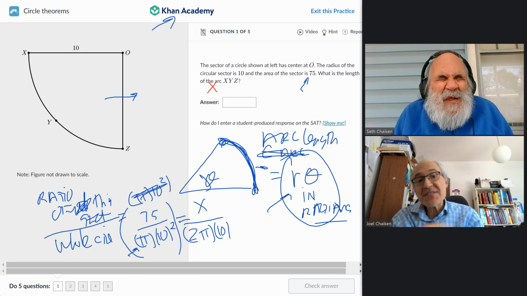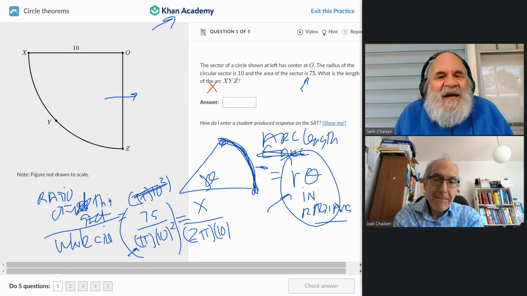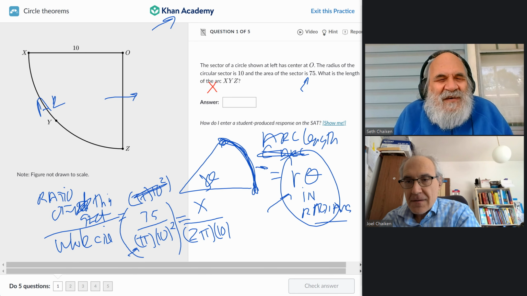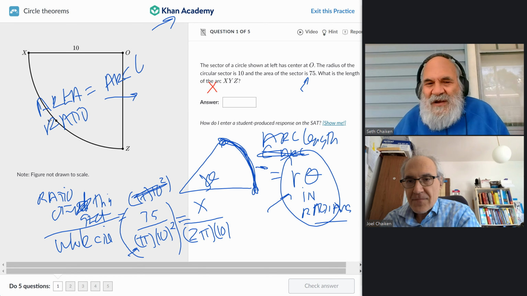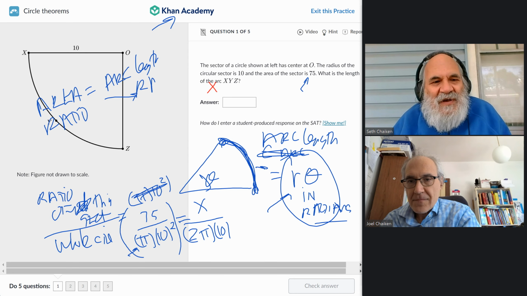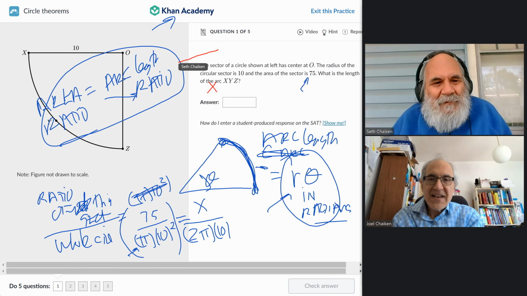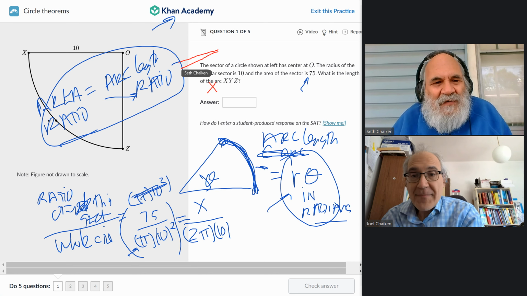So the area ratio is the same as the arc length ratio. That's a very good intuition. Now this principle comes up a lot.